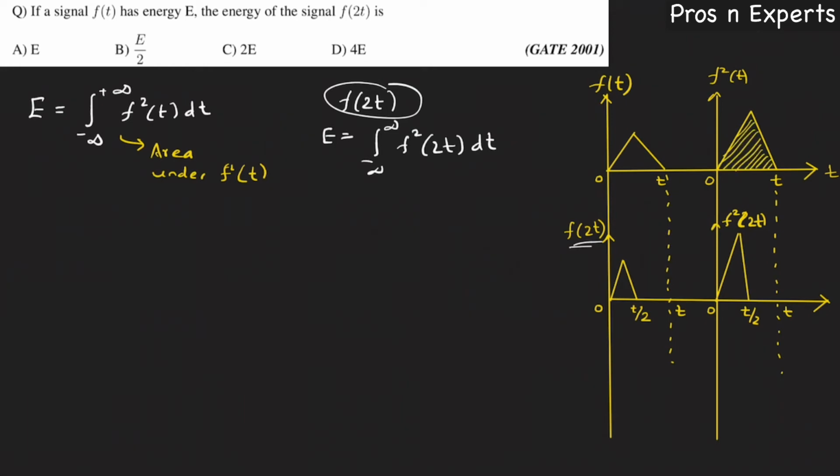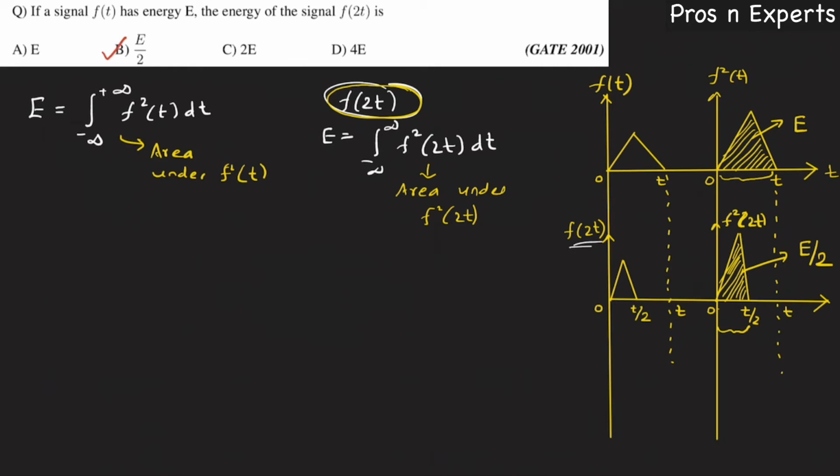This is the entire area under f square of t, and the question gives it as E. This value is E. Now, what is the energy of f of 2t? It is the area under f square of 2t, right? That means this area, and you can see the original signal extends from 0 to T, and this signal, without any change in amplitude, extends only half the width. So energy should be E by 2. So the answer should be E by 2.